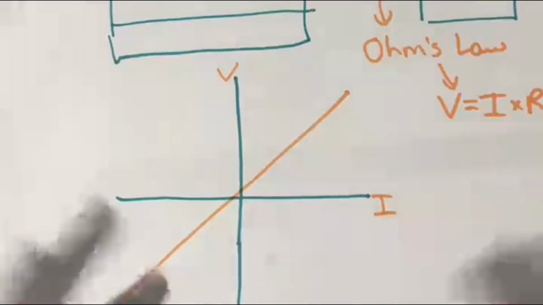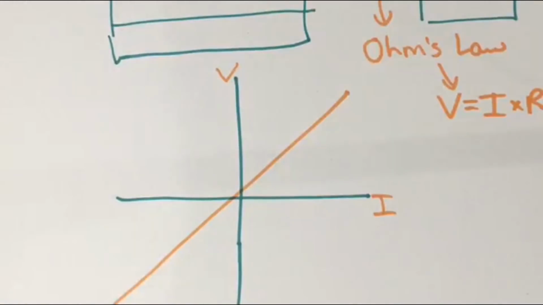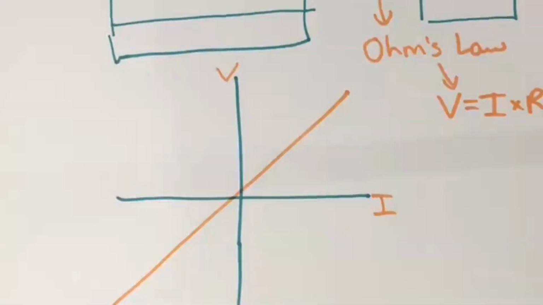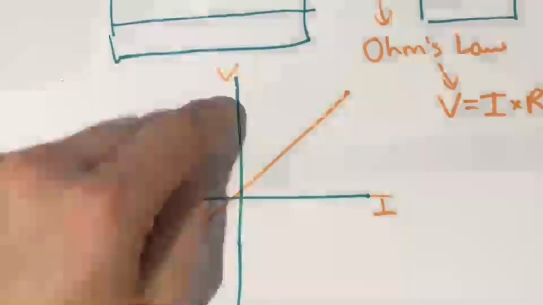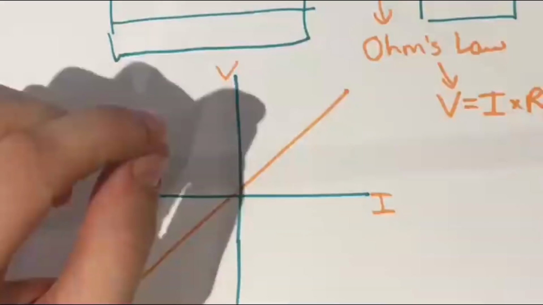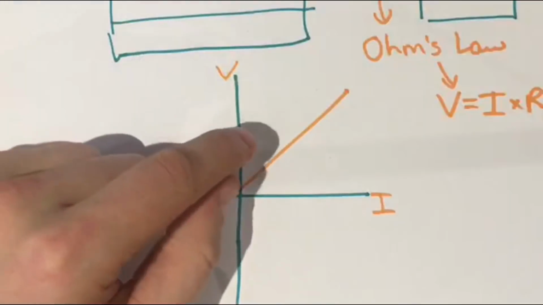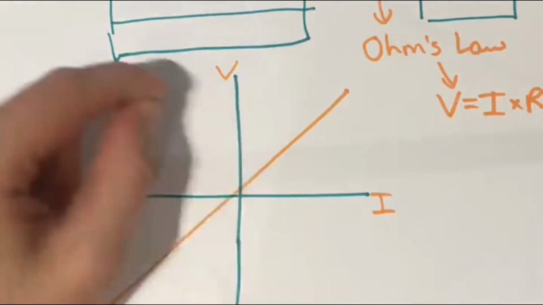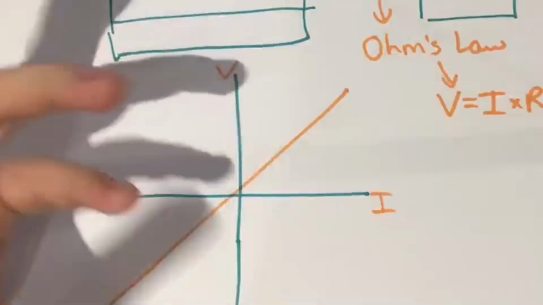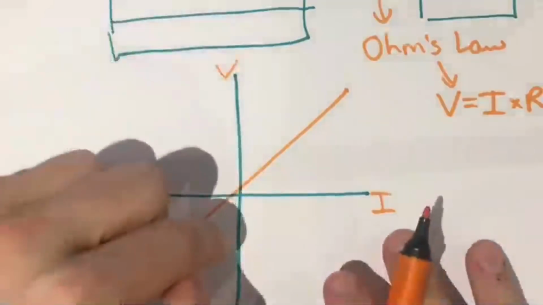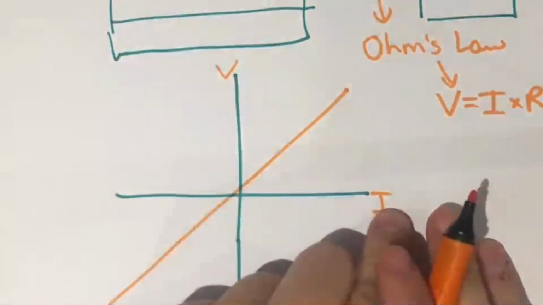Whenever you see a nice straight line to do with potential difference graphs, that means that it's an ohmic resistor. When you see a straight line, that means it obeys Ohm's law. As the voltage increases, so does the current I.